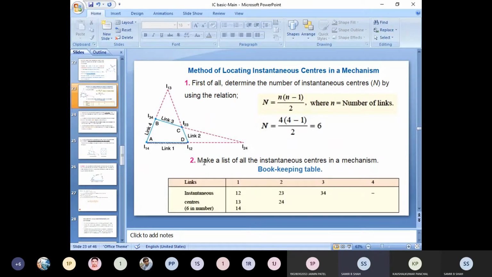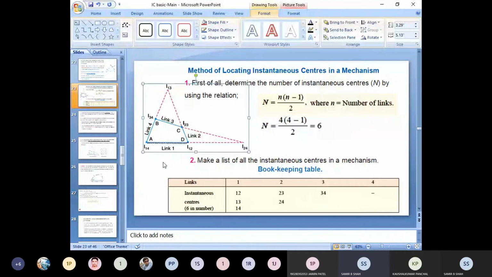After that, we see in which link how many I centers are concerned. If we talk about link 1, right now going anti-clockwise, so link 1, link 2, link 3, and link 4 are accommodated in this way, where link 1 is concerned with 1 4, 1 2, and we consider this 1 3 also.